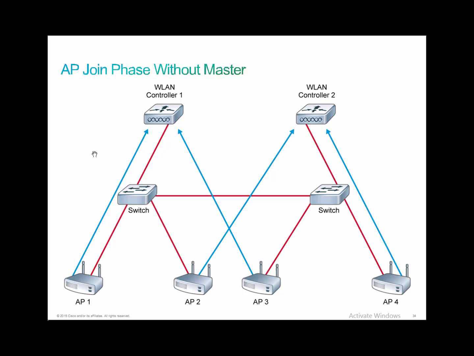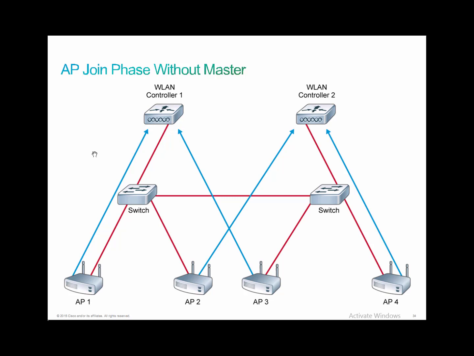So even though they described AP1, AP2, AP3, AP4, we're assuming that there's already a bunch of APs joined to these two controllers, and that's how the load balancing algorithm would work. The controller answers with the AP capacity, occupation during the discovery process. The AP uses that information to determine the remaining space on the controller, and then it tries to associate to the least loaded controller.